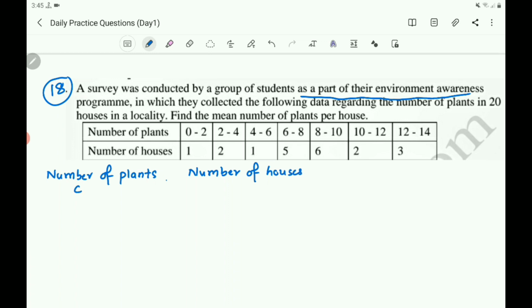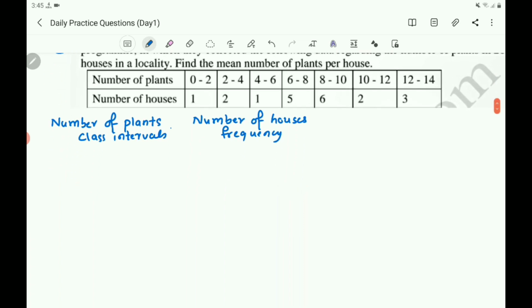This is in terms of class interval. This is nothing but frequency. Now let us write these two columns here.